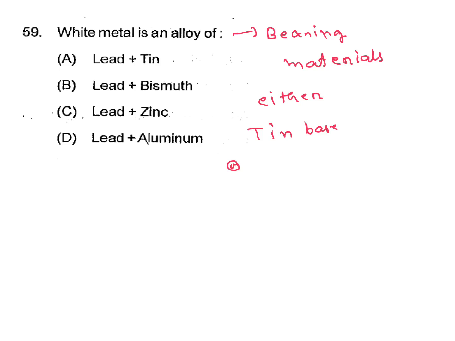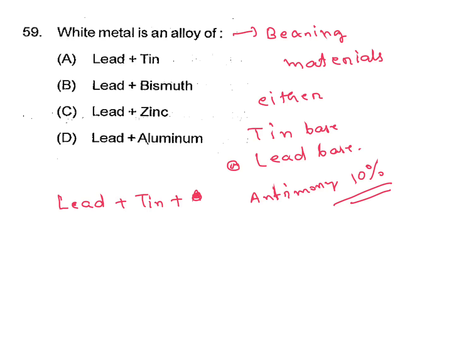So antimony percent is around 10%. In this question asked, white metal is an alloy of lead plus tin, lead plus bismuth, lead plus zinc, lead plus aluminum. Its answer is lead plus tin plus antimony. Antimony 10%, so lead plus tin. A is our answer. Antimony around 10%, maximum up to 10%.